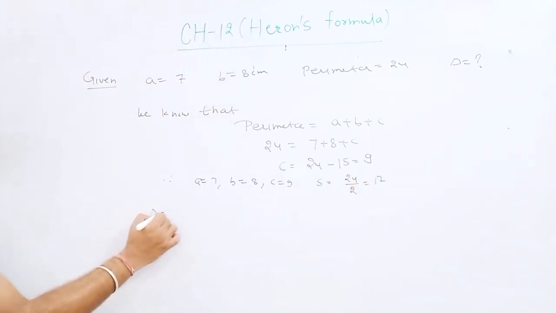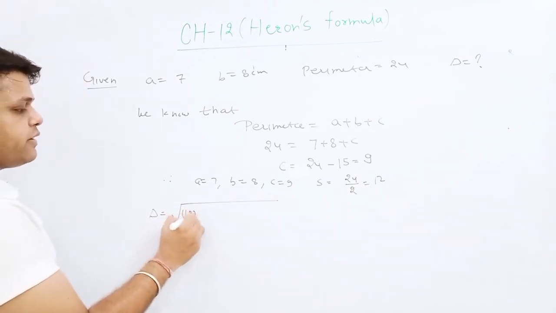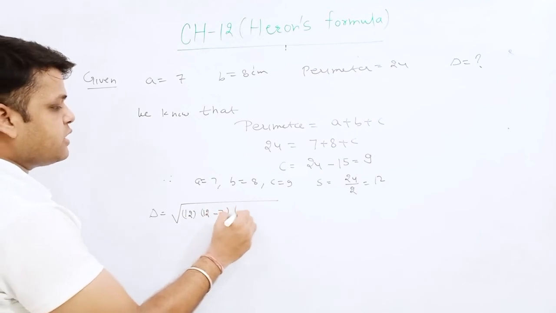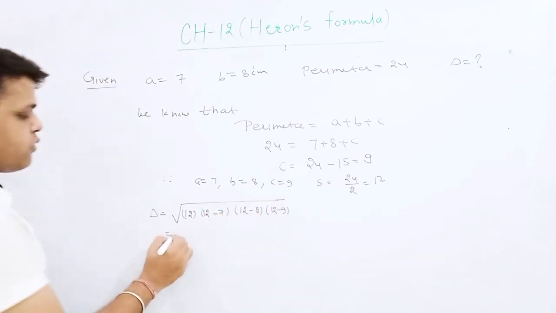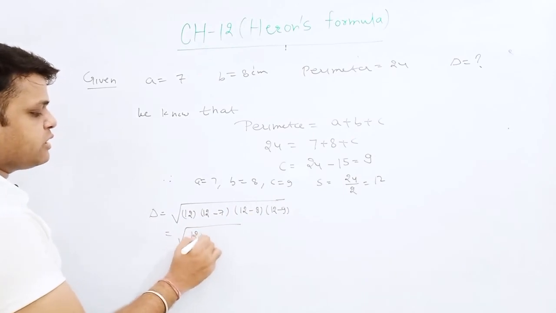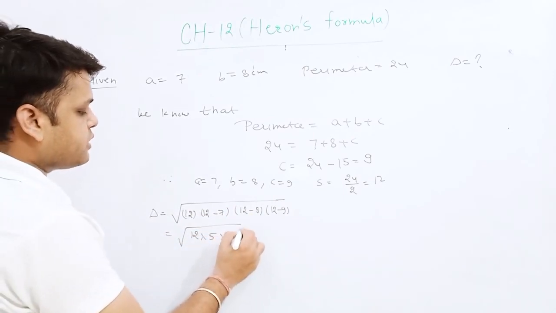Now delta is directly calculated by Heron's formula: root under 12 into (12 minus 7) into (12 minus 8) into (12 minus 9). What do we get? We get 12 into 5 into 4 into 3.